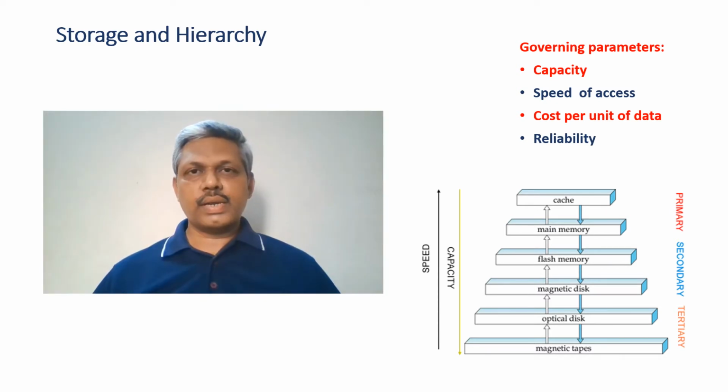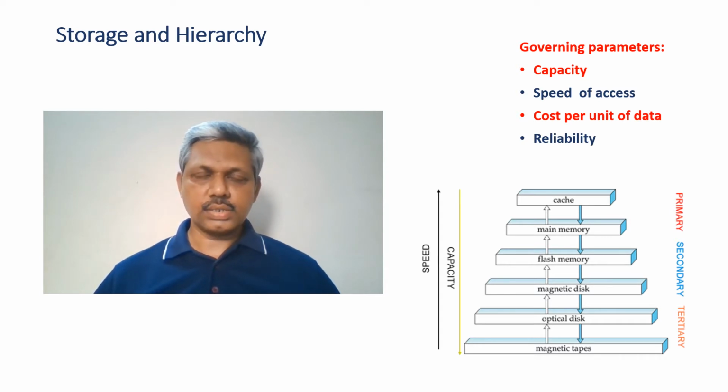When it comes to magnetic disks, the data is stored on rotating disks, which are coated with a special type of material which can be magnetized. The actual data is stored in the form of magnetized and demagnetized regions, which can be read or written through a special type of head that can locate positions on the disk. The disk is divided into tracks, and each track is divided into sectors.